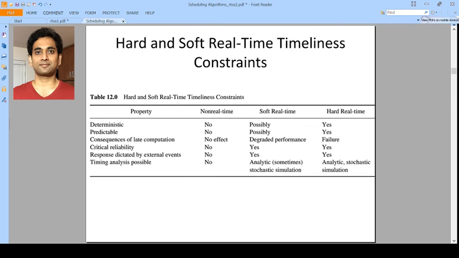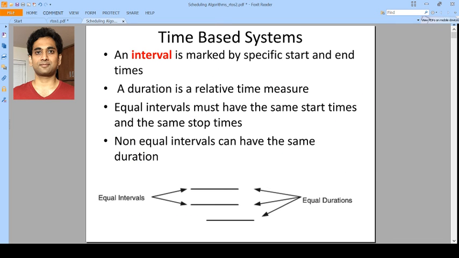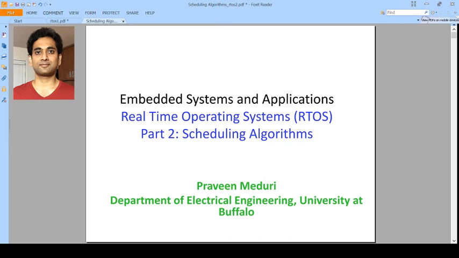And then we talked about the comparison of different soft, hard, and non-real-time systems. So in other words, we looked at the different scheduling algorithms that a real-time operating system has to implement in order to ensure the real-time behavior of a particular application.